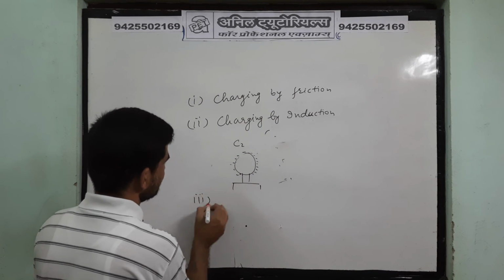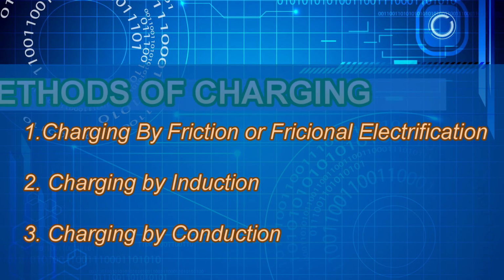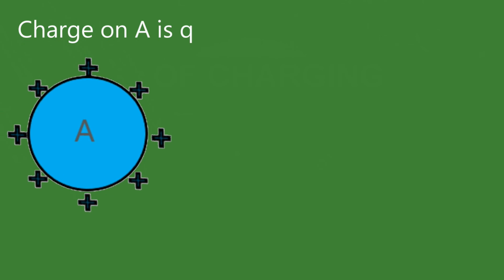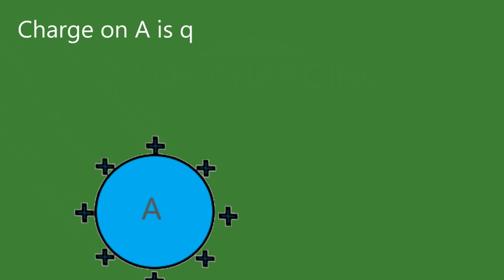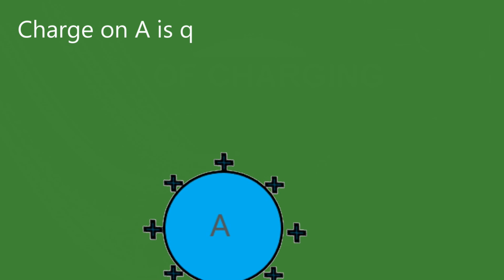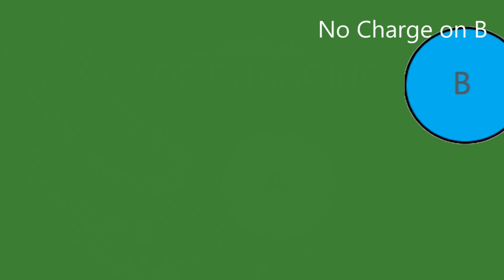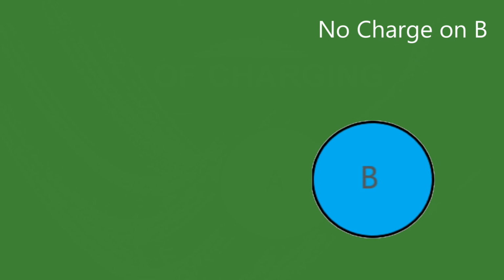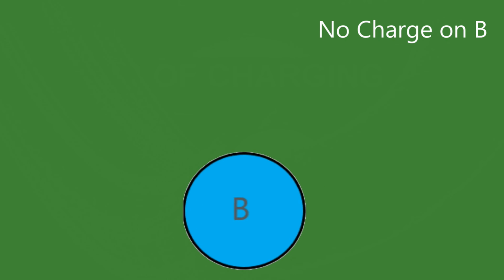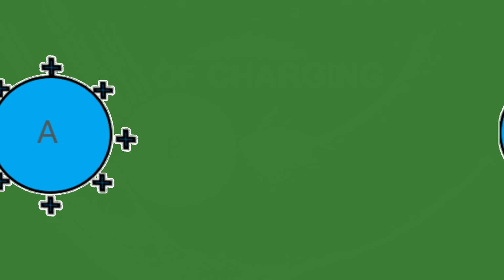And third, charging by conduction. Suppose we have a charged conductor A with charge Q, and we have another conductor of the same nature, B, but it is uncharged. Its charge is 0.